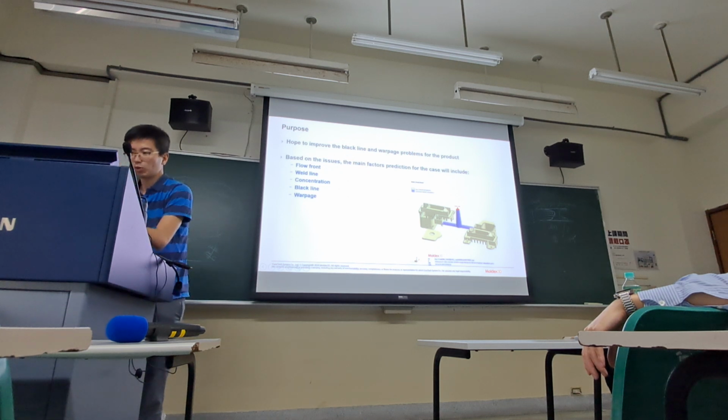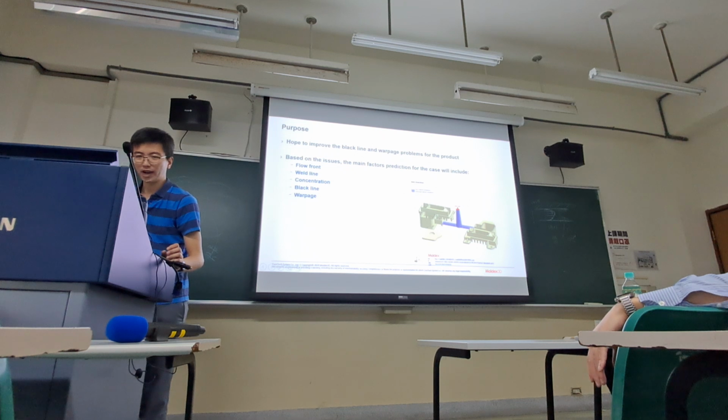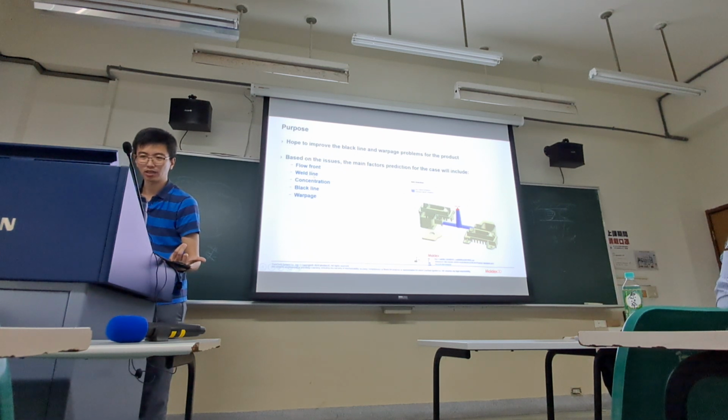And we would like to use the software to help you identify the black line and know the warpage problem. For the software, we can provide the user the melt front, weld line position, concentration result, and where the black line is, and how big the warpage is.